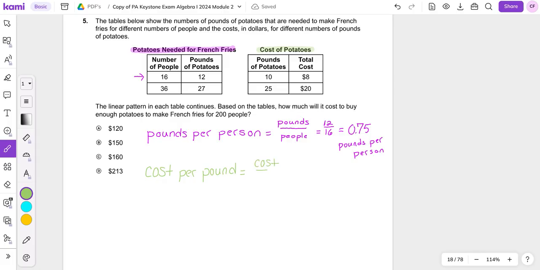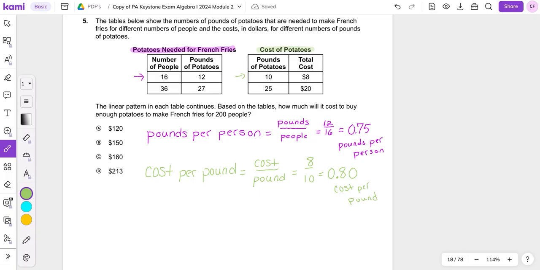Per means the fraction there, pound being the denominator. I can use either one, but what I'm going to use is the top one here. The cost is the $8, that's up top. The pounds is the 10. 8 over 10 is going to be 0.8 or 0.80, up to you. And again, this is the cost per pound.